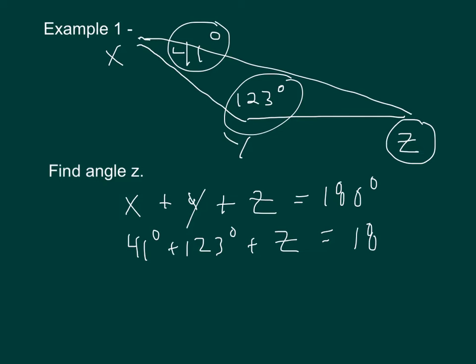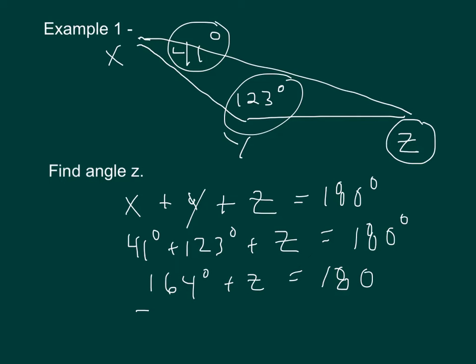So using our strong algebra skills, we can figure out what angle Z is. 41 and 123, we want to get Z by itself. So 41 and 123 would give us 164 plus Z is equal to 180.